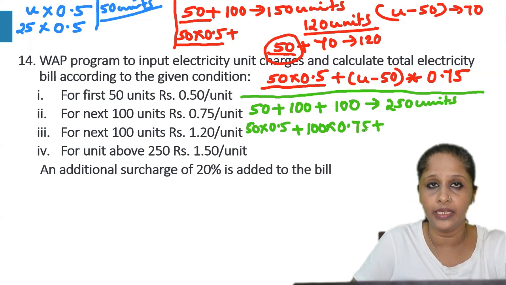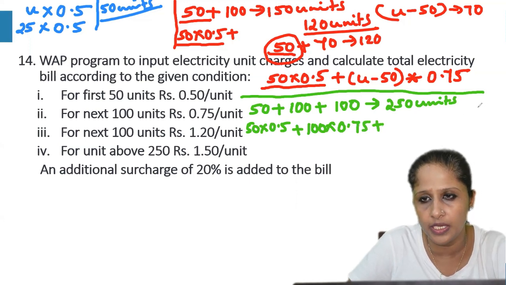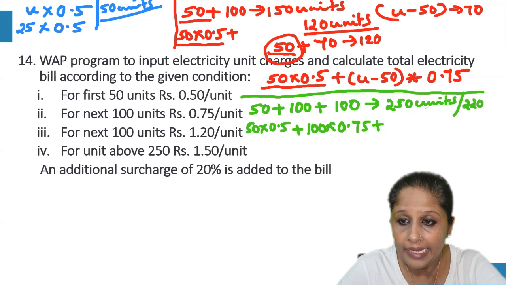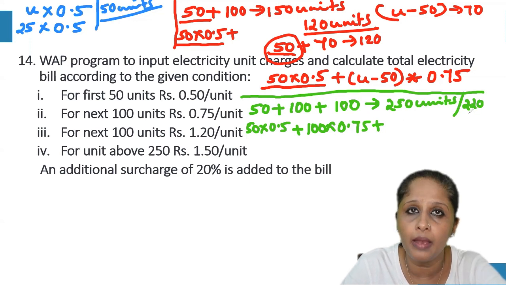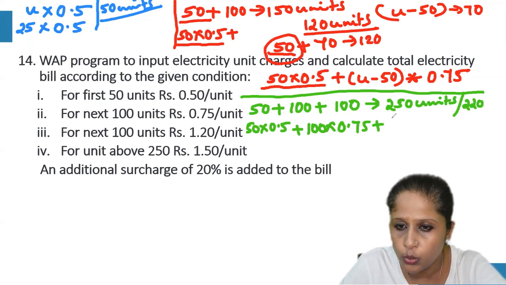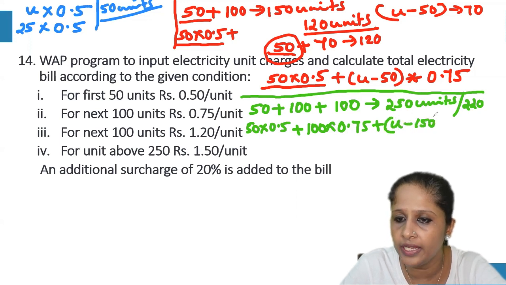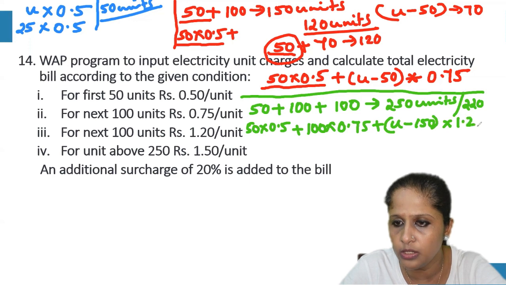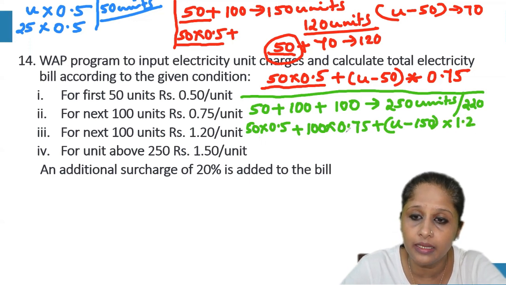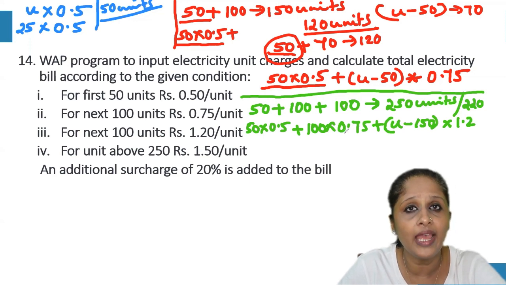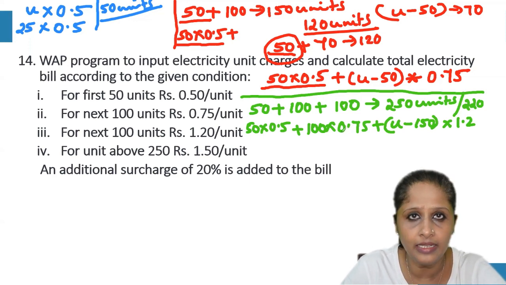Then the remaining: for example, I am using 220 units. The first 50 is over, then 100 is over, that is 150. So how can we get the remaining? That is 220 minus 150. So 220 is in the variable u, u minus 150 into 1.20. So this is the equation for calculating if the units are more than 150 and less than 250.